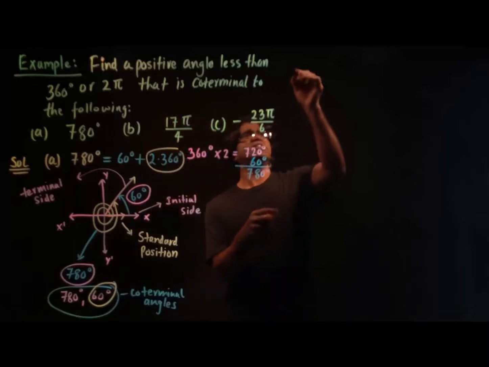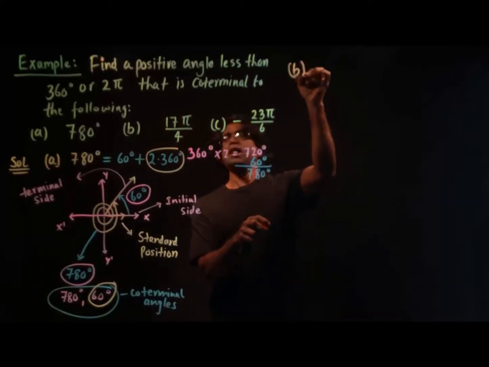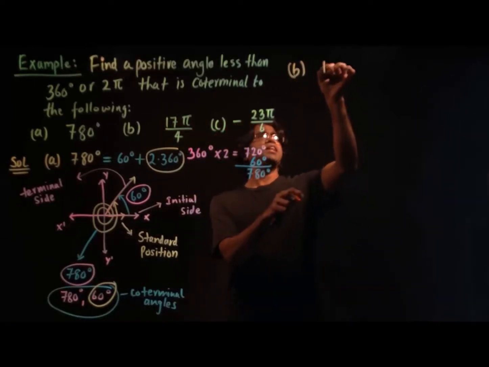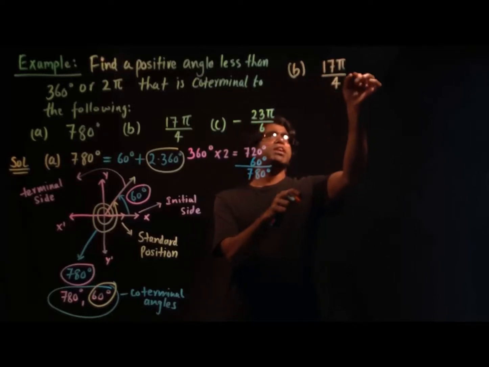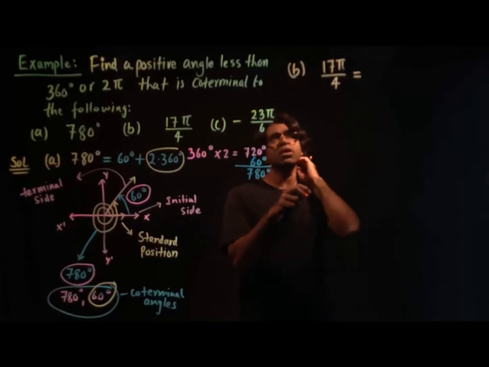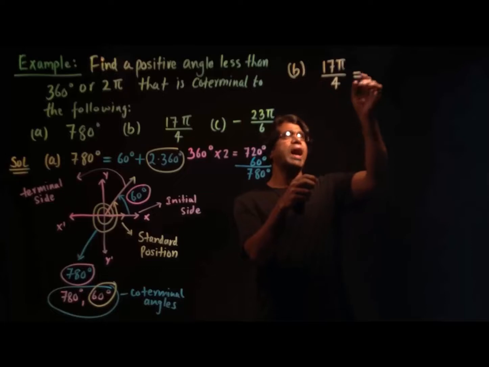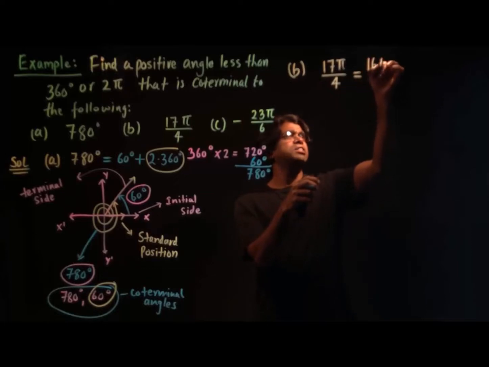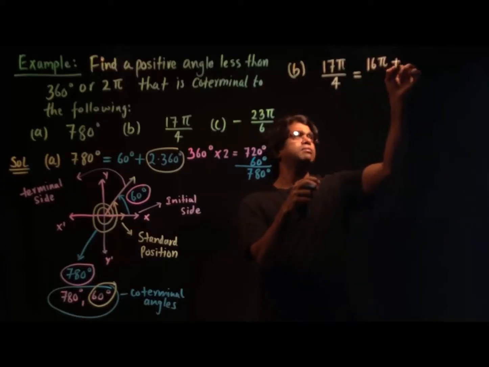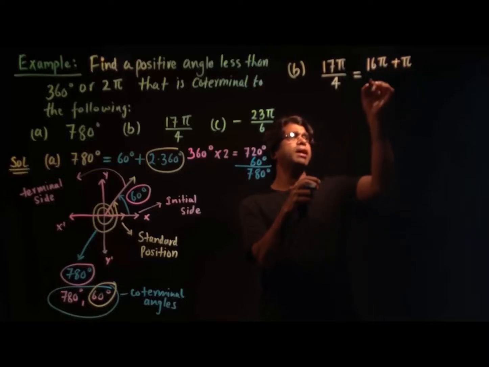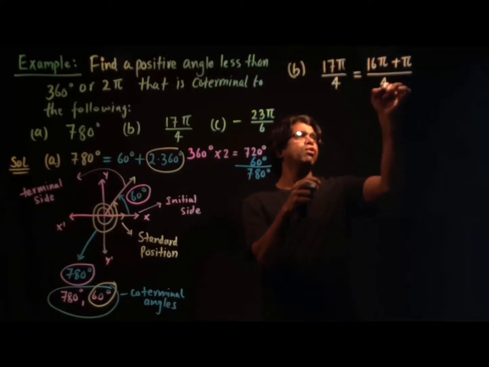Now let's consider part B. Part B is 17 pi over 4. What can we write for 17 pi over 4? We need to convert everything in terms of 2 pi. So I can write 17 pi as 16 pi plus pi, over 4.